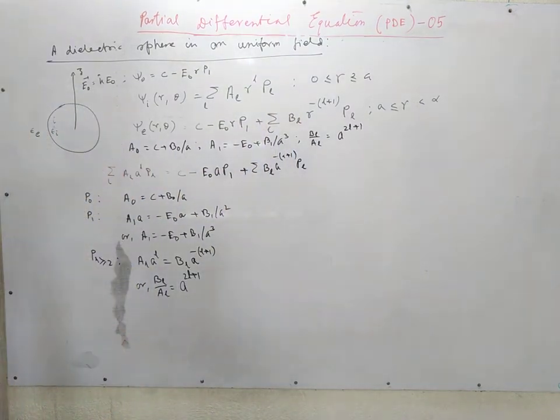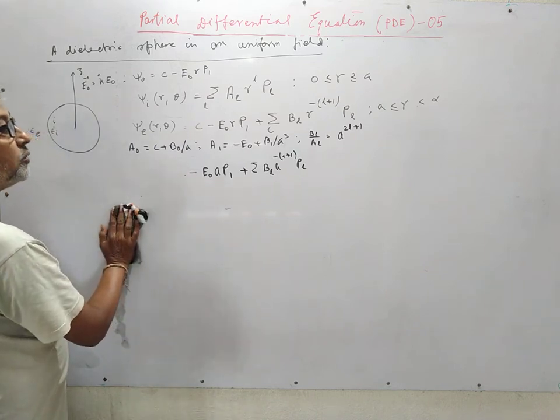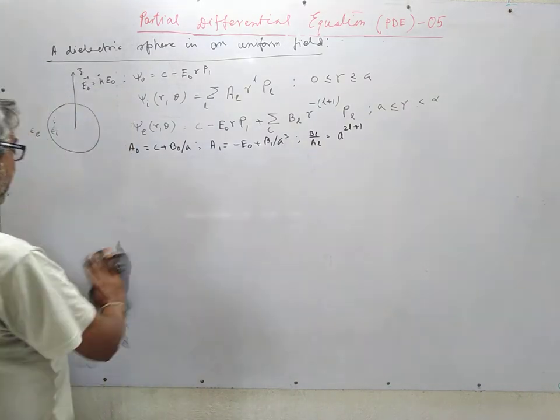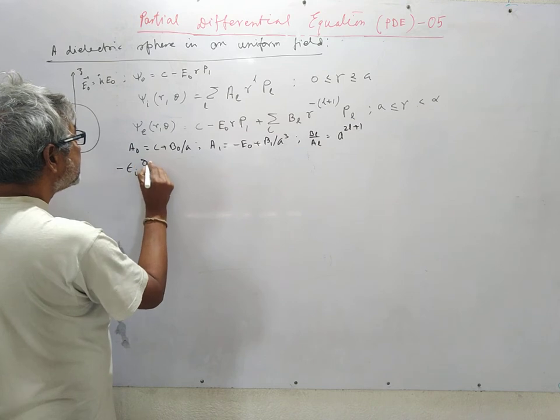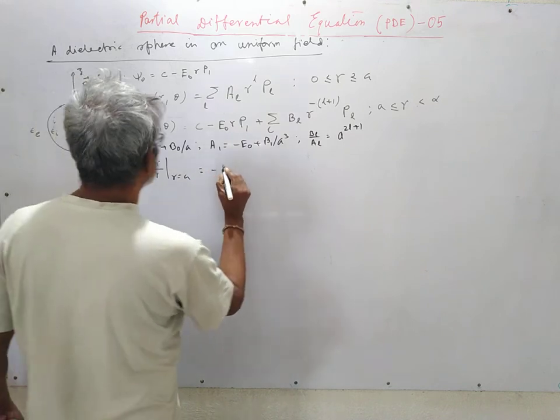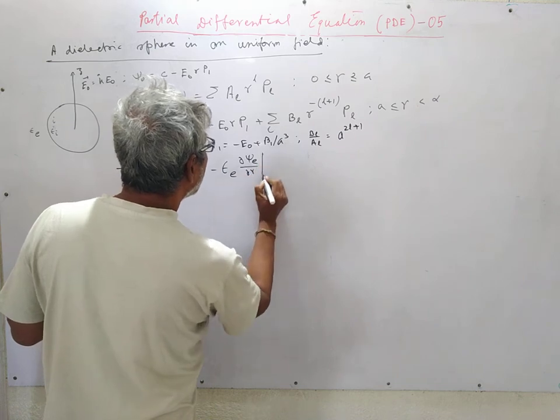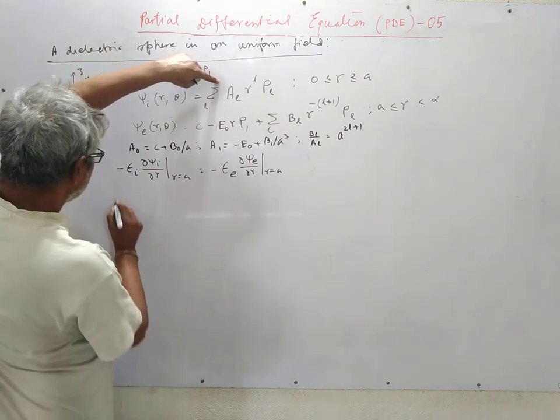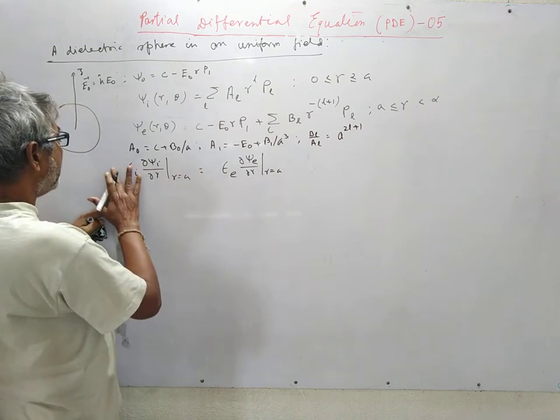There is another boundary condition to be satisfied, that is the boundary condition regarding the normal component of D vectors, which in this particular case, as we have discussed in an earlier situation, is epsilon I del phi 1 del R at R is equal to A is equal to minus epsilon E del phi 2 del R. If we differentiate this expression, firstly we are no more bothering about the minus sign.